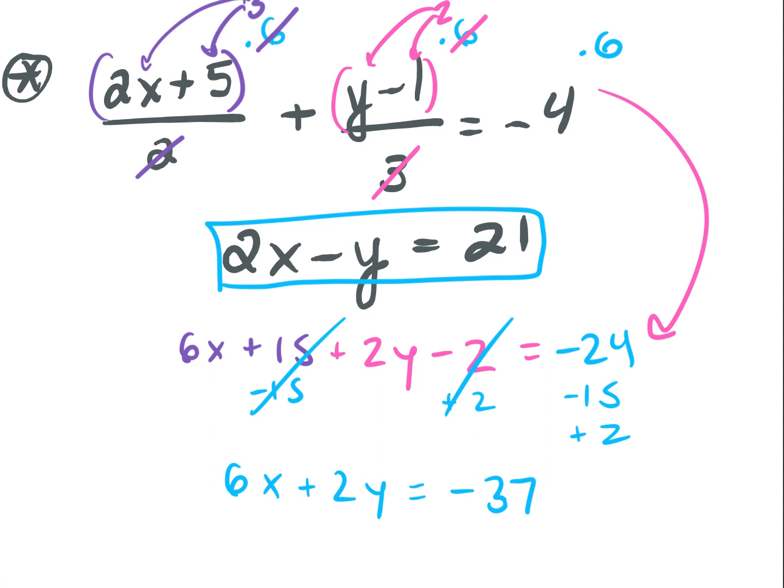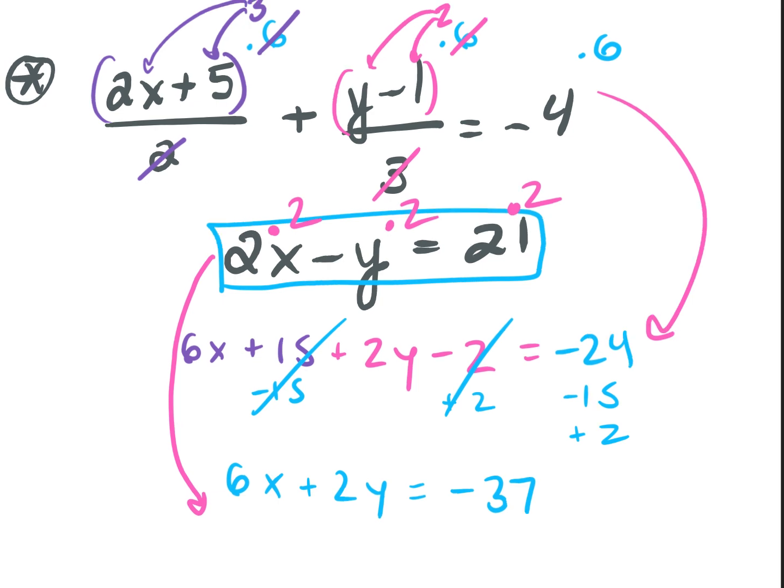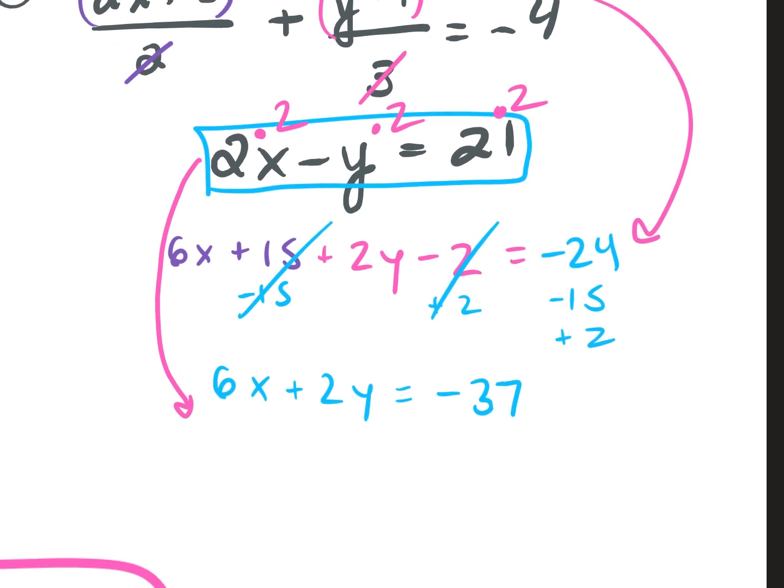What are we trying to eliminate? The y's. Awesome. So we can multiply everything in the first equation by 2. Another common mistake that people will make, they'll forget to multiply the constant by 2. Just if you multiply by a number, make sure you multiply it by everything in your equation. So this would be 4x minus 2y is equal to 42.